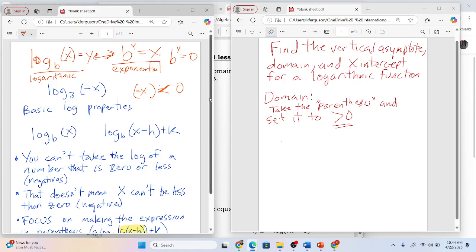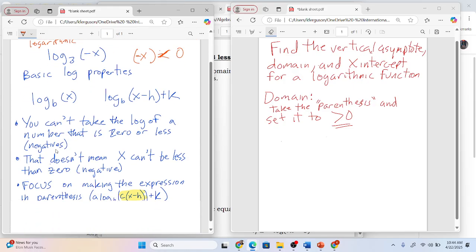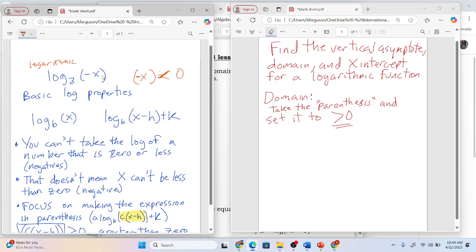So that has me going back to this. Like I said, that doesn't mean that x can't be less than 0 or can't be negative. When you're choosing your numbers, it's just that the result of what's in those parentheses can't be 0 or negative.